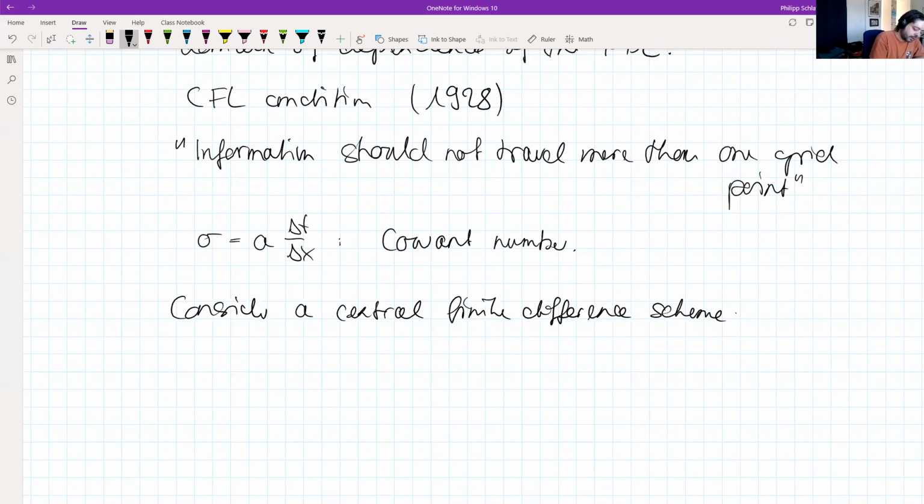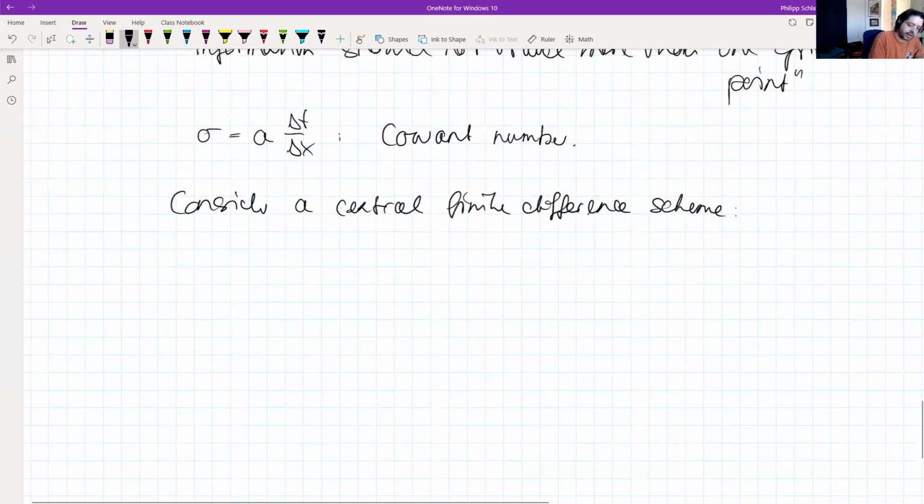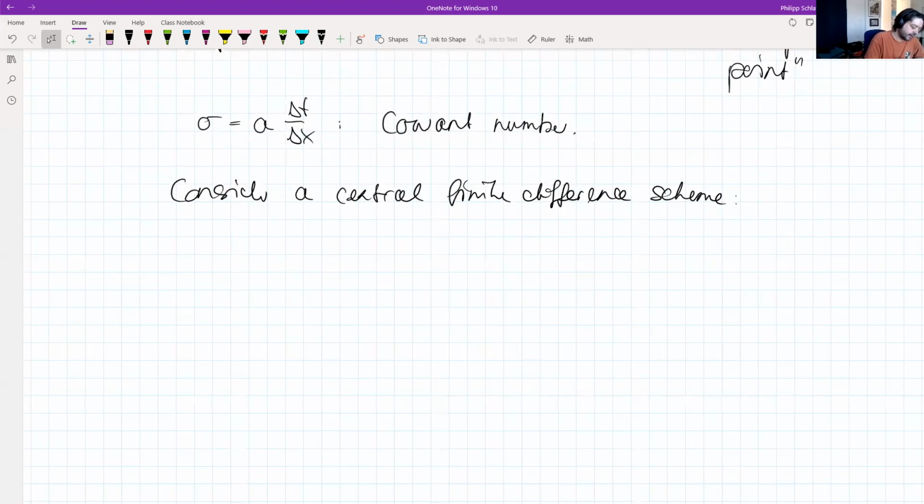Same problem, the convection or advection equation, but we look at a central finite difference scheme, forward time central space. But now we look at it from the point of view of the CFL condition.